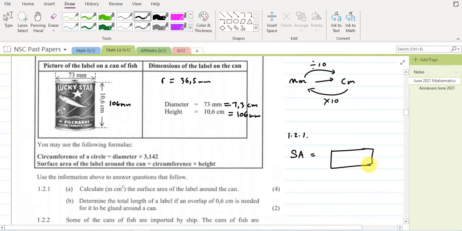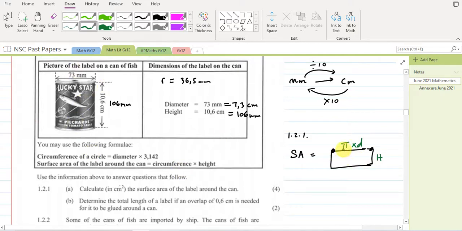It's like a rectangle. The distance from here to there forms the circle around the can. So this is given by pi times diameter, or 2 pi r, and the height is just h.